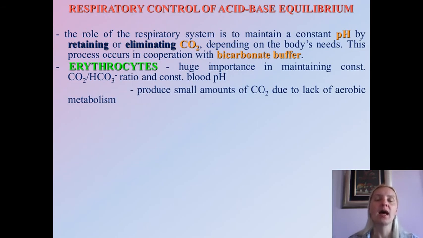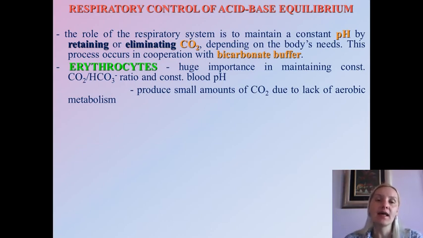So let's explain the exact mechanism. So we have mentioned that the role of the respiratory system is to maintain a constant pH by either retaining or eliminating carbon dioxide depending on the body's needs. This occurs together with the buffering activity of both bicarbonate and hemoglobin buffer.